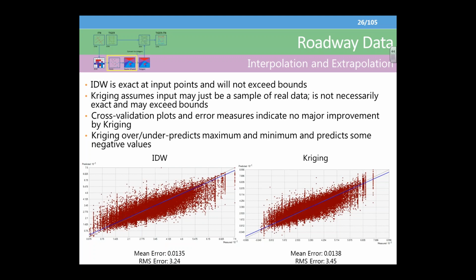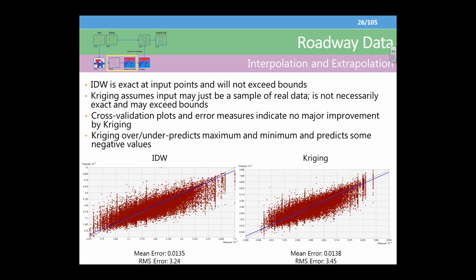Kriging, which was that statistical model, assumes that the input may be just a sample of real data, and so it's not necessarily exact. It performs a statistical analysis to try to match the distribution of the data, but that doesn't guarantee that every input point will be recreated exactly, and your bounds will not necessarily be recreated exactly.